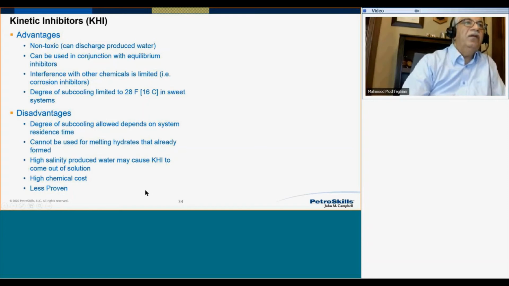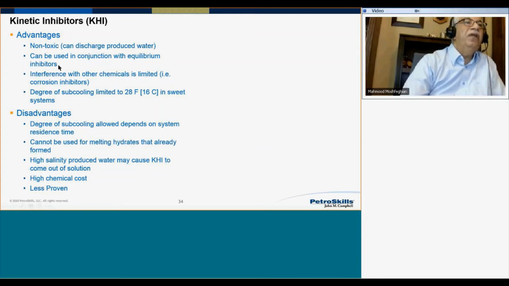So let's take a look at pros and cons. Advantages: non-toxic, no discharge issue with produced water because they are not toxic. Can be used in conjunction with equilibrium inhibitors. If you use them in conjunction, the equilibrium inhibitor usage goes down drastically.